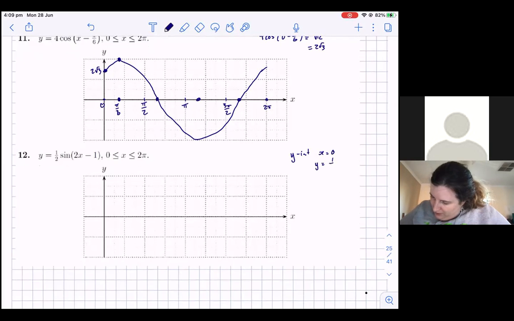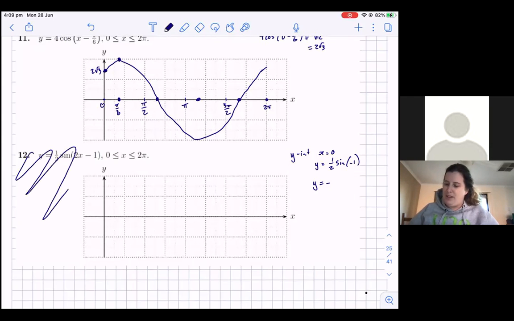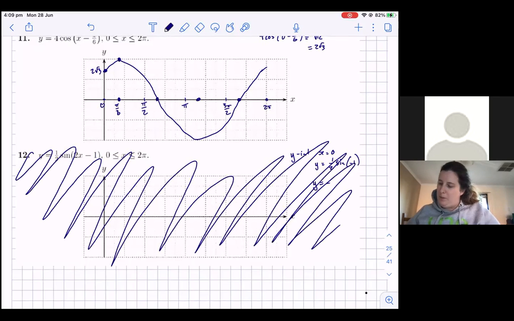Y equals half sine -1. This is really annoying. Plus it's out of the scope of the year 11 course, so let's skip it.